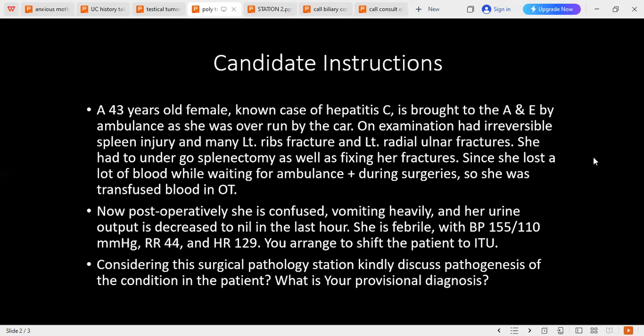This is a pathological consumptive coagulopathy, which arises due to the activation of the coagulation and fibrinolytic systems.